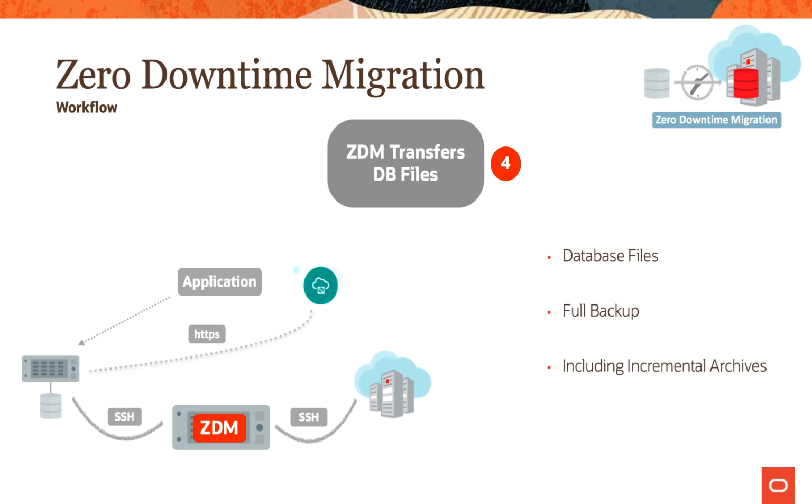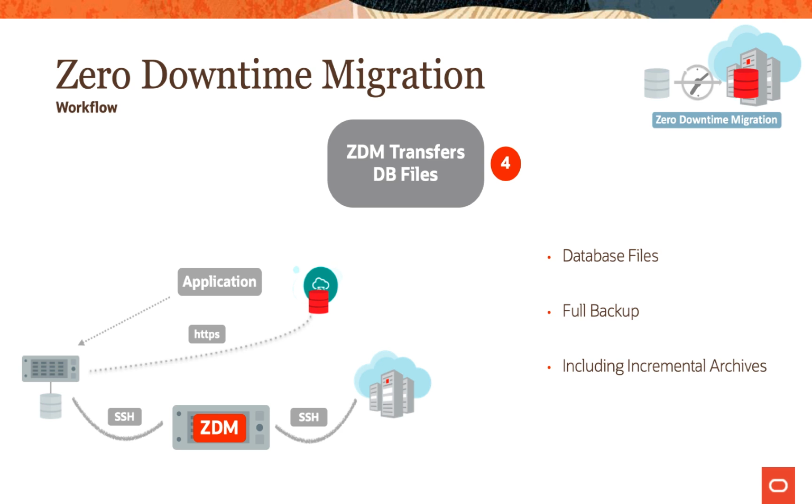Once the connectivity is established, ZDM will start transferring the files from your source to object storage. These files will be your database backup files, your database files, as well as any incrementals, and they all will get transferred to the object storage bucket. For communication it is going to use HTTPS as the protocol, so it's secure.